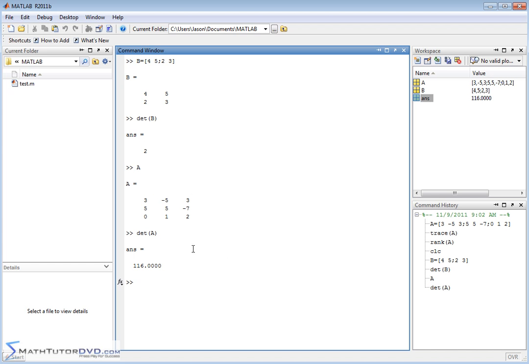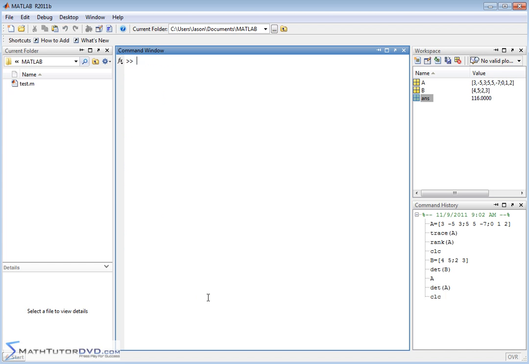The larger the matrix you have, the more involved it is to calculate the determinant. A 3 by 3 matrix really isn't that hard to do by hand. But when you get into 4 by 4s, and definitely anything larger, 5 by 5, 6 by 6, calculating the determinant by hand is just a pain. So you need to do that using a calculator or a computer like this. You just pass it the matrix.